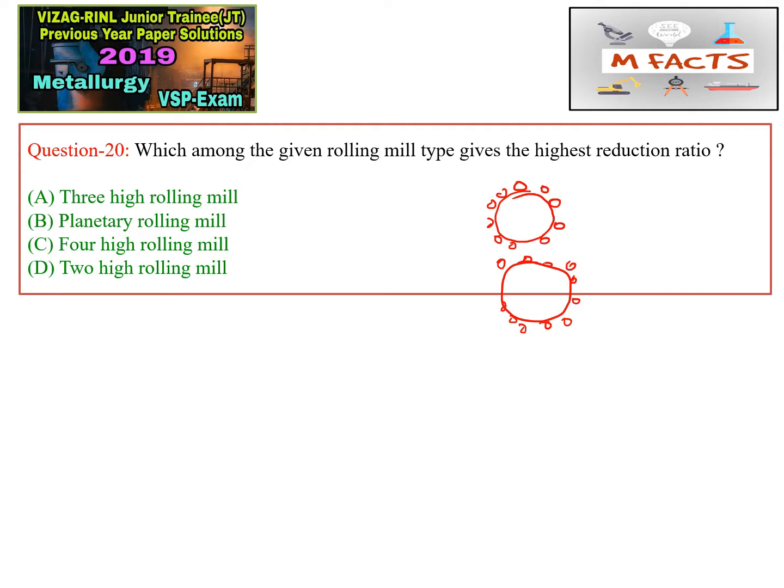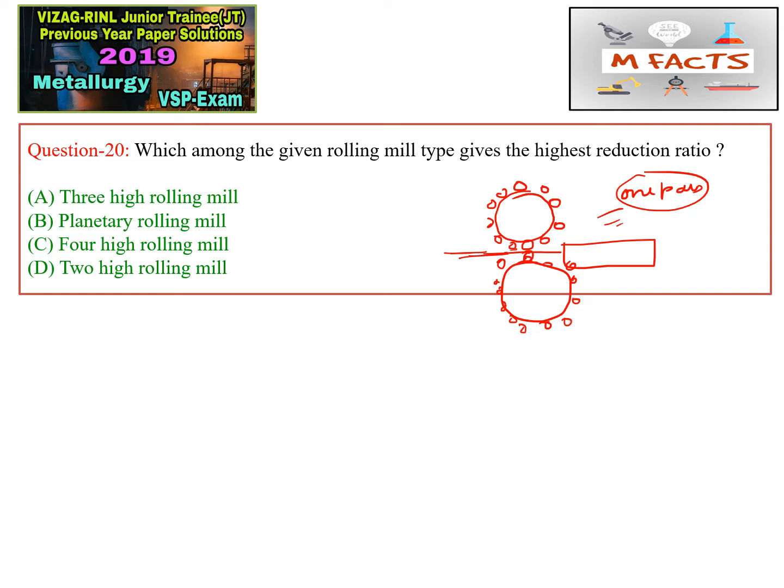So this is the roll which is basically used for rolling purpose, and in the planetary mill the slab can be directly rolled into the strip in a single pass, that is in one pass. So the reduction of this planetary mill is very high, and this is actually the highest reduction ratio of any rolling mill.